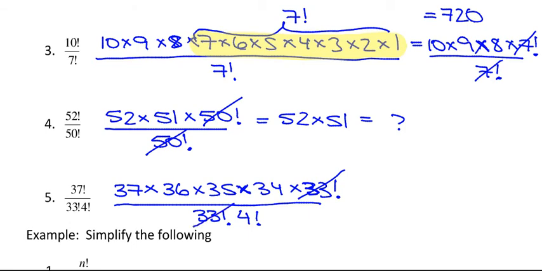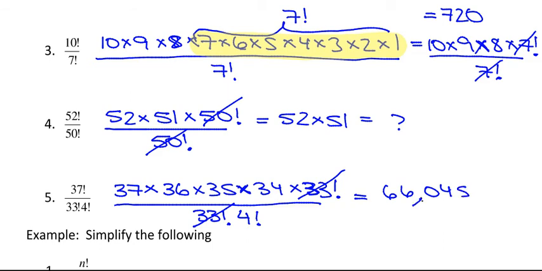And so now I would just need to evaluate 37 times 36 times 35 times 34, all divided by 4 factorial. It looks like I may have an answer for that. 66,045.